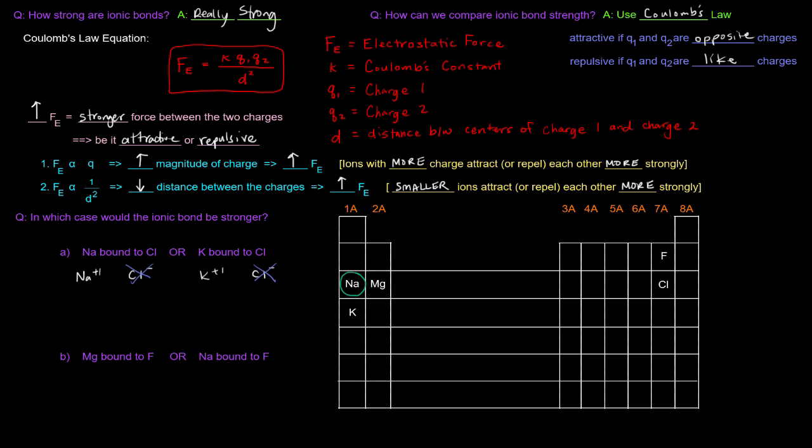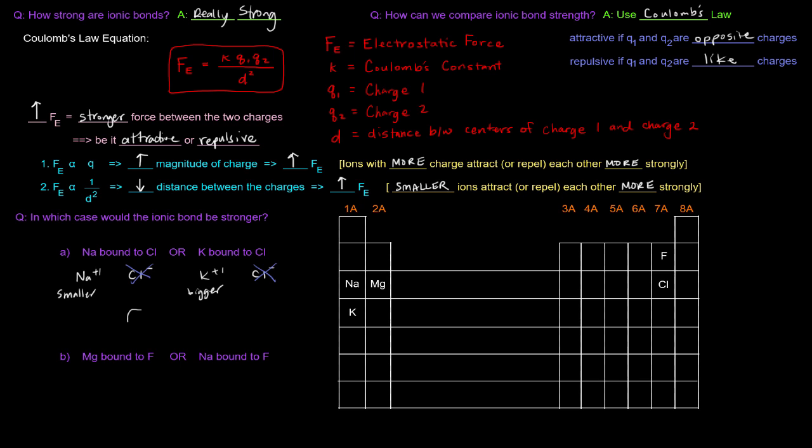And if you recall from the periodic trends, atomic size and ionic size increase down and to the left. So between Na plus and K plus, which is bigger? K plus. And Na plus is smaller, right?